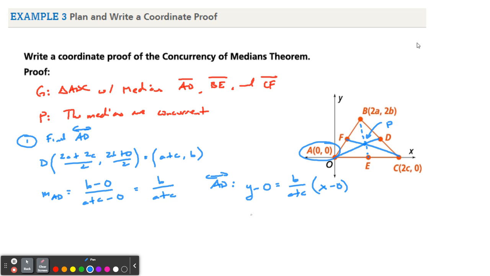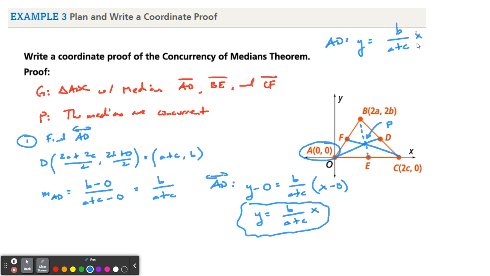And of course, those zeros don't matter, and your equation is y equals b over a plus c x. Okay, so there's the first thing we're going to do. I'm going to write that up here. So this is for line AD: y equals b over a plus c x.